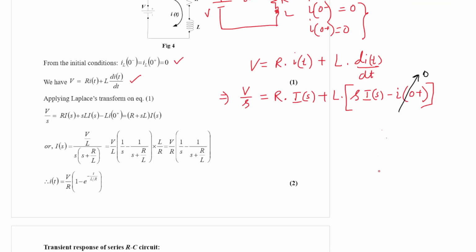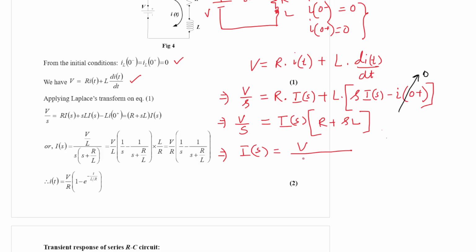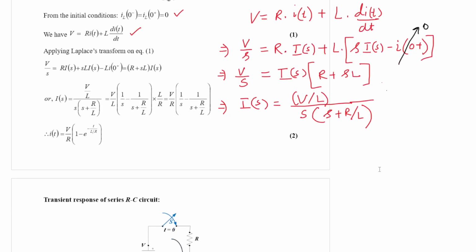So from there we can write V by S equal to, if you take I(s) common, R plus S into L. So with that, I(s) should be equal to V by S into S plus R by L, and in the numerator we will have a V by L. Okay, so this is I(s).